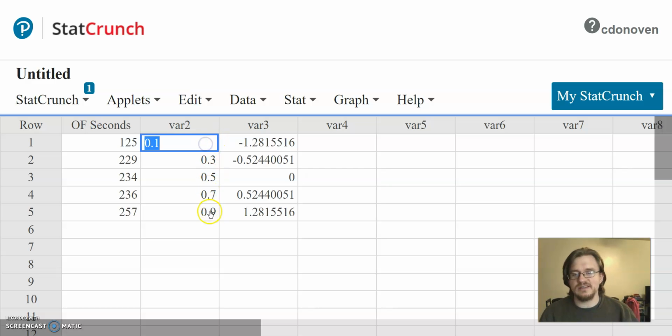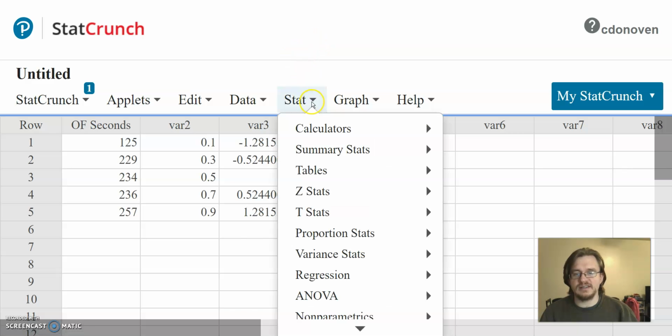So these numbers will be negatives of one another.